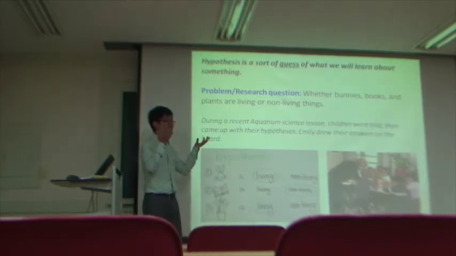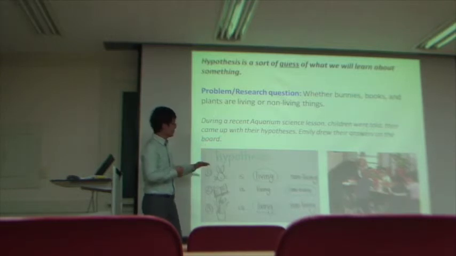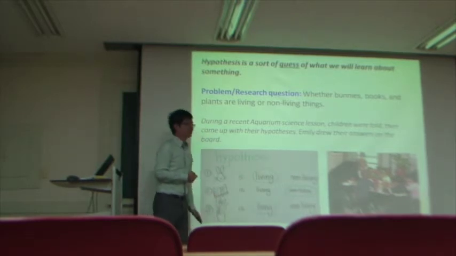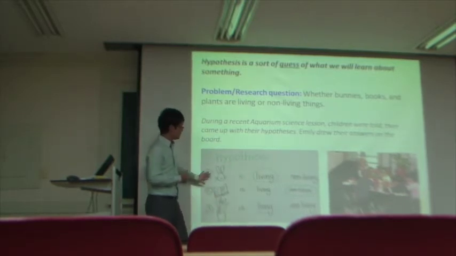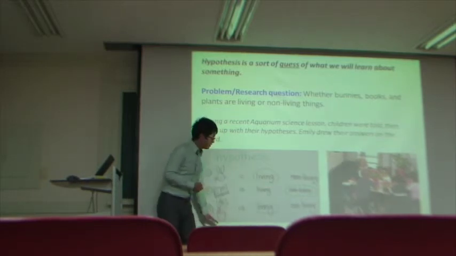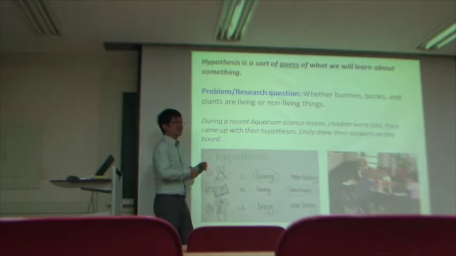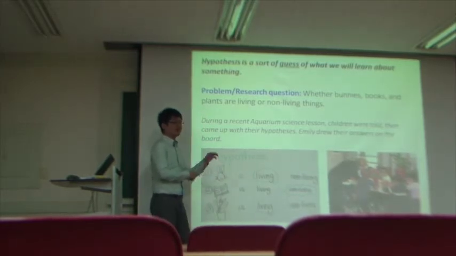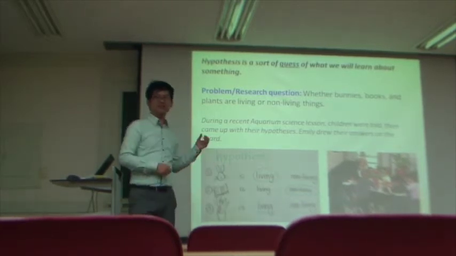So you have some question in mind, and so okay, I want to verify this idea, I want to verify the second idea, I want to verify the third idea. So I want to find out if this is a fact, or if this is a fact, or if this is a fact, and that will influence the way I collect data, right? So that's forming a hypothesis.